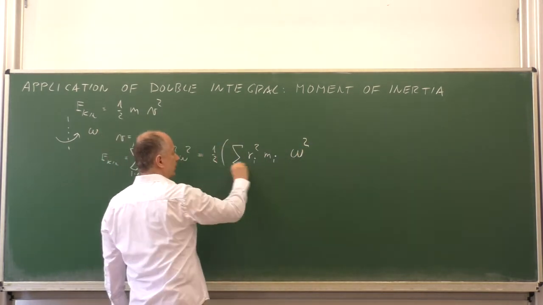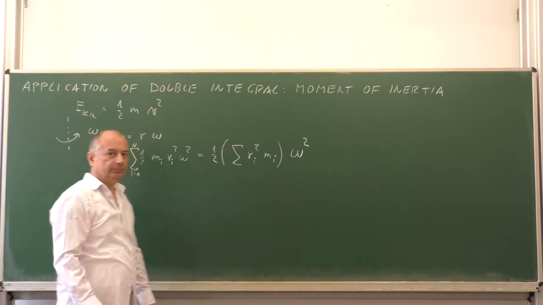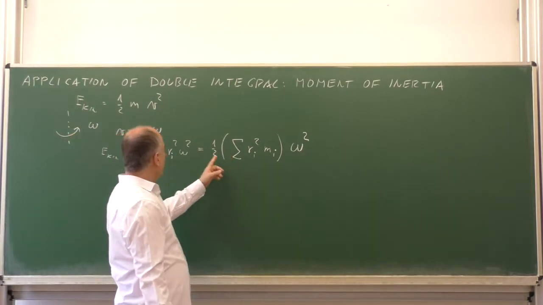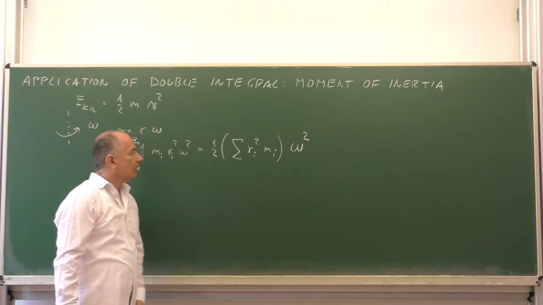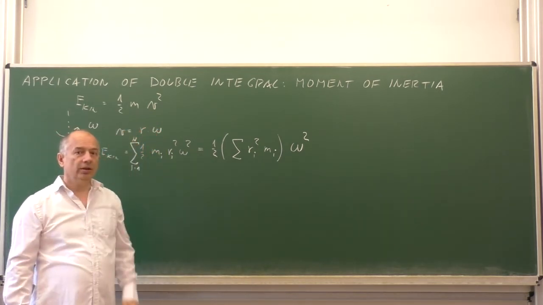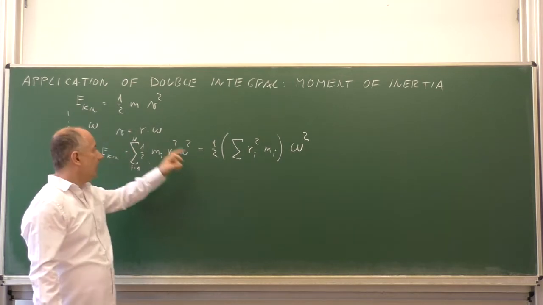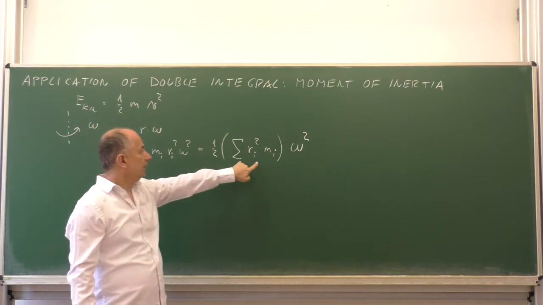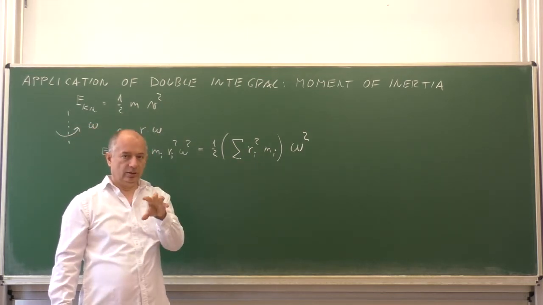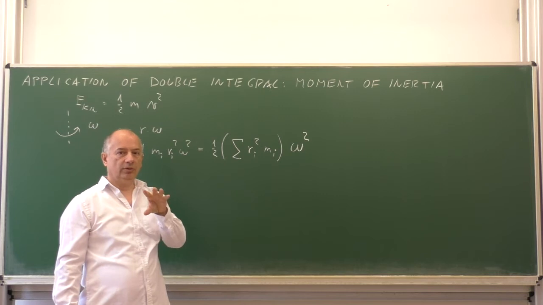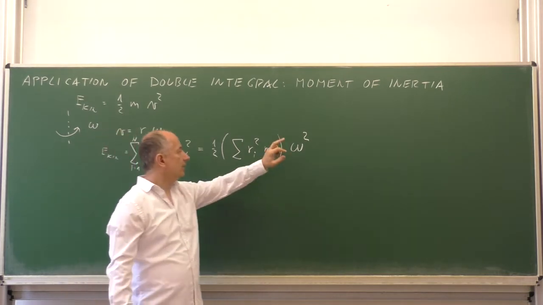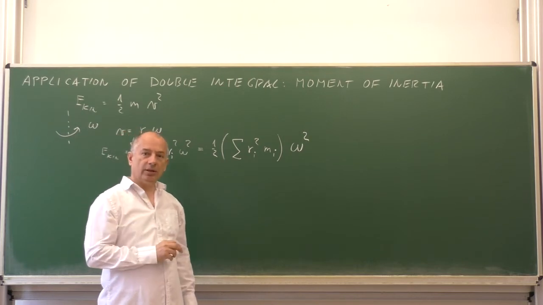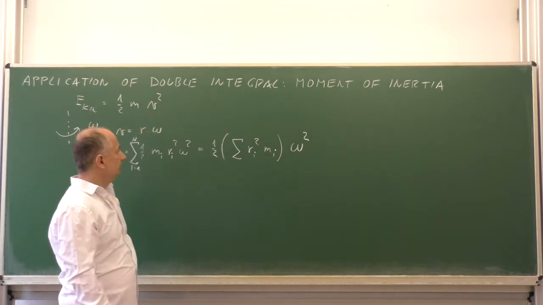And if we close this expression into brackets, then again the kinetic energy is a product of three expressions. 1/2, that's the same, times something that depends on the body itself, independent of the motion, and something that depends on the motion alone, independent of the body, similar as here.